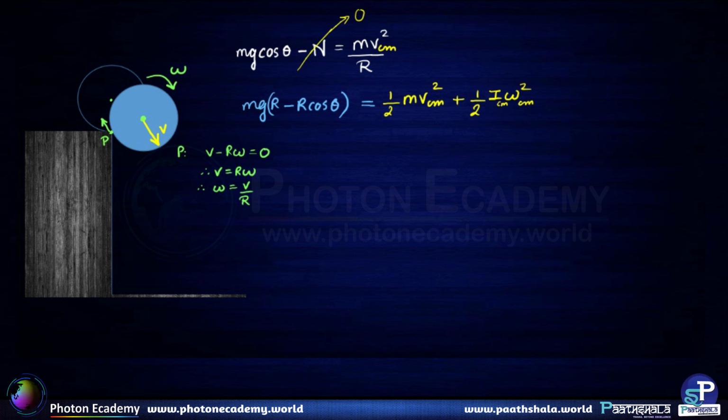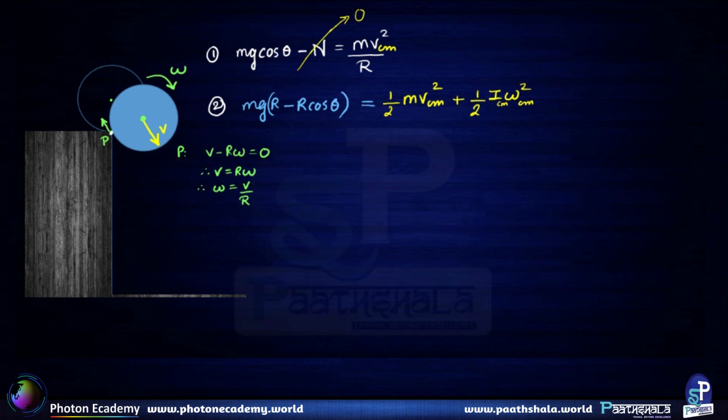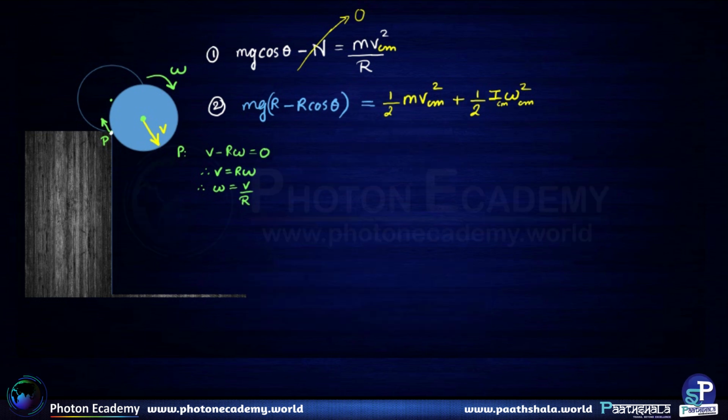So let us say this is equation 1 and this is equation 2. So when does the object lose contact? It loses contact when this normal reaction becomes 0. So by just putting normal reaction 0 and using these two equations, that is the last moment where these equations are still valid, because once the normal reaction becomes 0, the equations completely change.